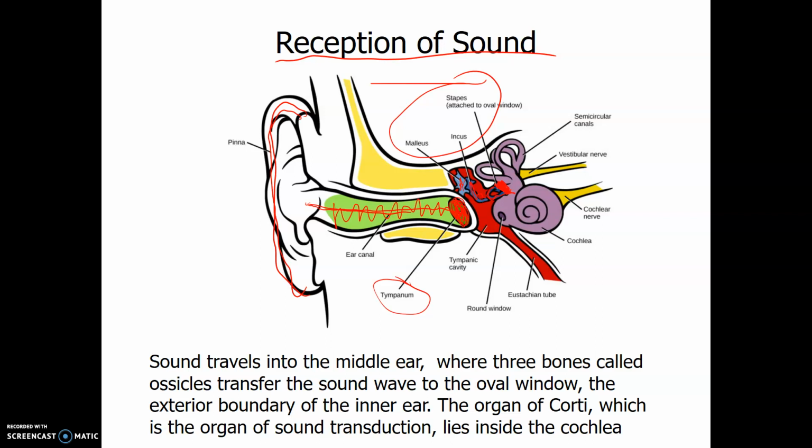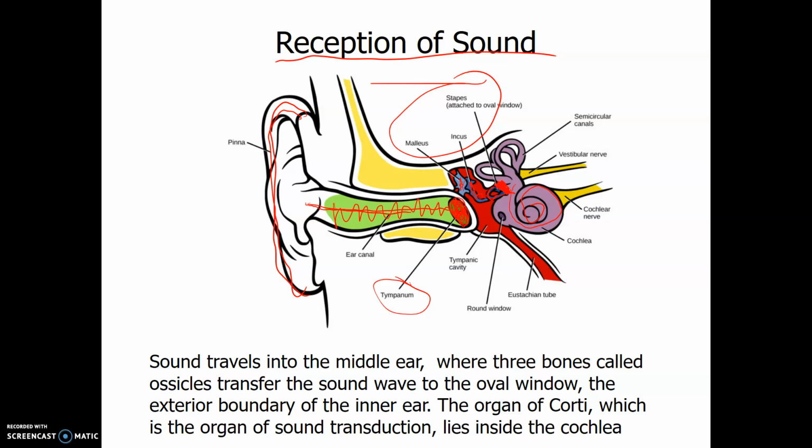That pushes all the fluid inside of the cochlea, and it's the movement of that fluid against hair cells that relays information on the sounds you hear to your auditory nerve and your cochlear nerve.